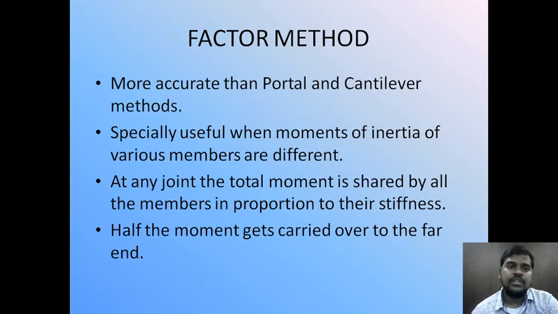This method has the greatest advantage over the Portal and cantilever methods. The first point says that it is more accurate than the Portal and cantilever methods, and especially useful when the moments of inertia of various members are different.